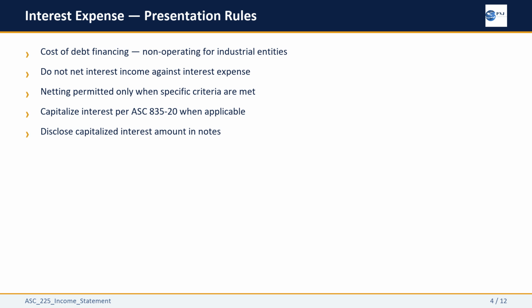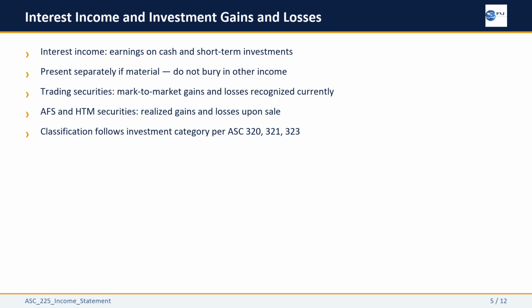Gross presentation preserves transparency and gives financial statement users the full picture of financing costs. Interest income, earnings on cash and short-term investments, must be presented separately if it is material. Do not fold it quietly into a catch-all line.